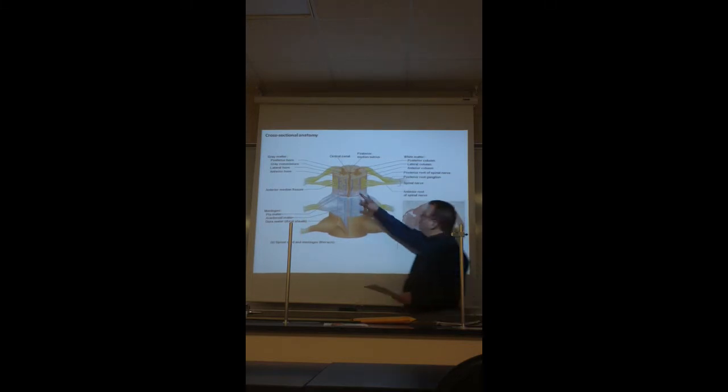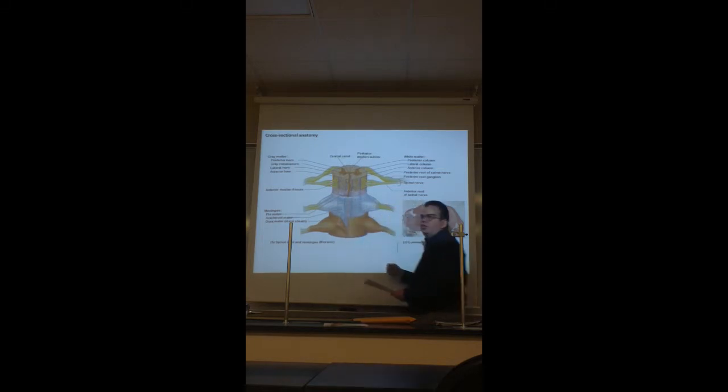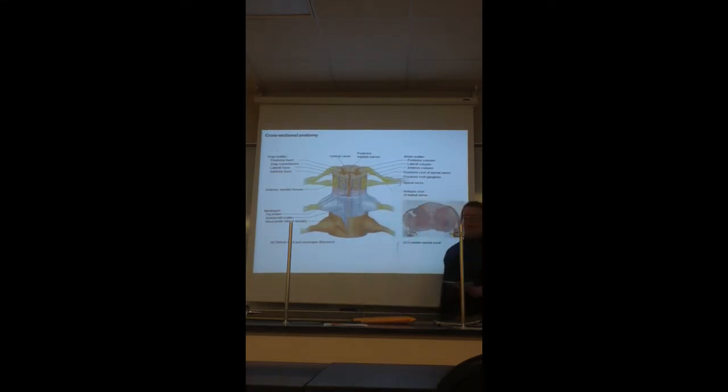But notice that the two parts of the cord, if you want to call them left and right here, there's actually a physical connection. So they're not divided all the way through. There's a bridge, you might say, that exists right here called the gray commissure. And within the gray commissure, there is what they call the central canal. So there's actually a hole within that.